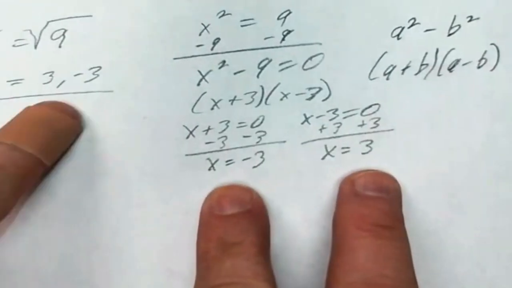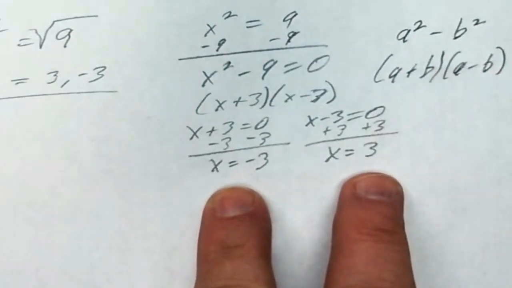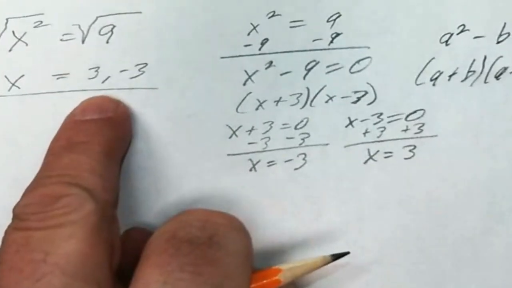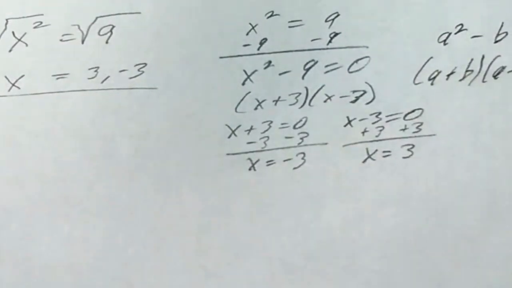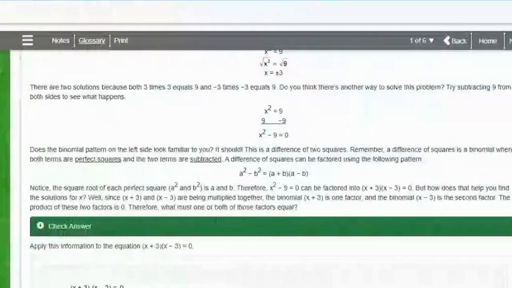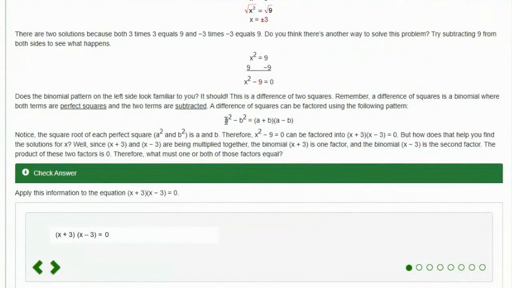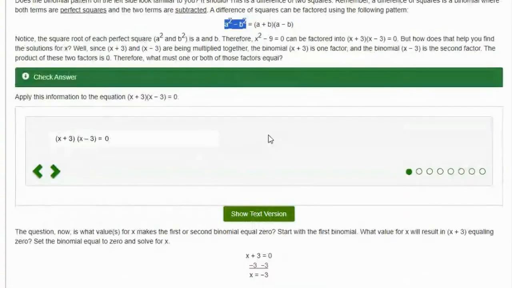We got the same solutions as we got with the one where we just took the square root of both sides. So there is more than one way to solve quadratics a lot of times. Not always, I'm not going to say always, but a lot of times. So they said a squared minus b squared is the same as a plus b, a minus b, so we set them equal to 0 and solve x plus 3, x minus 3.